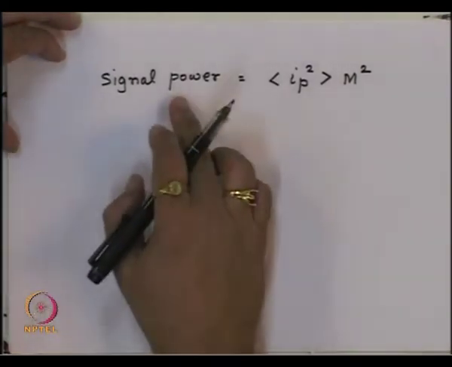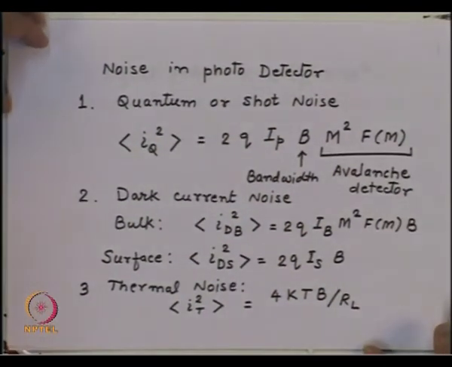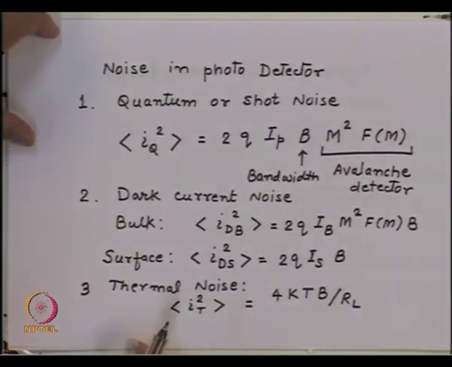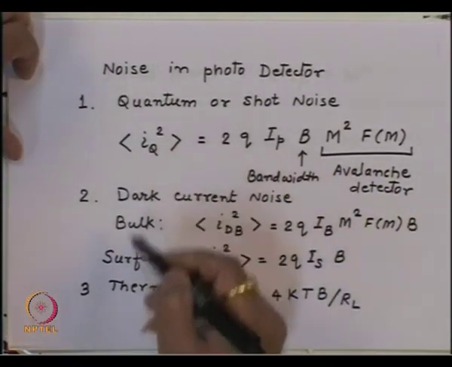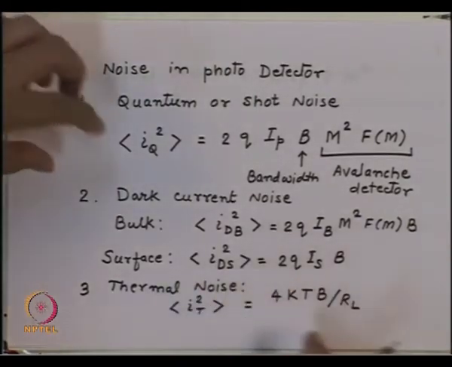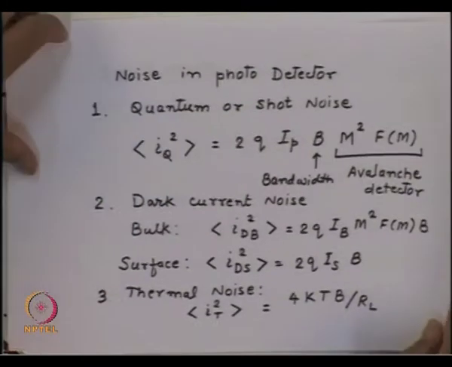And once you know the signal power and the total noise, since these noises are independent, the mean square value of the total noise is the sum of these mean square values. So total noise will be this plus this plus this plus this, and this is the signal power.